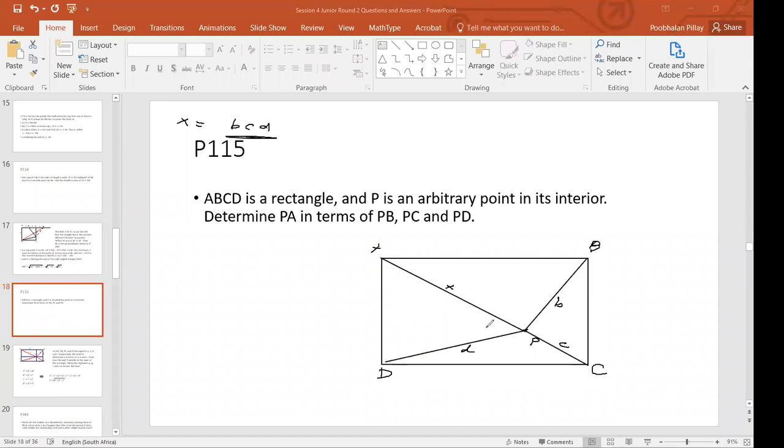Again, now you have to draw some lines which will allow us to solve this problem. And you got a rectangle here. It looks as if this B, C, and D are actually hypotenuses of right angle triangles.